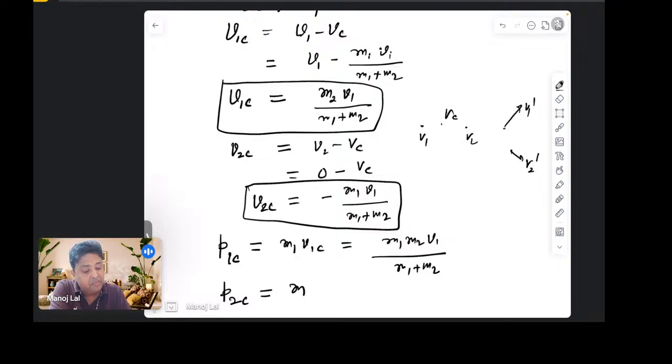This will be m2 times V2C, which is minus m1 m2 v1 by (m1 plus m2).